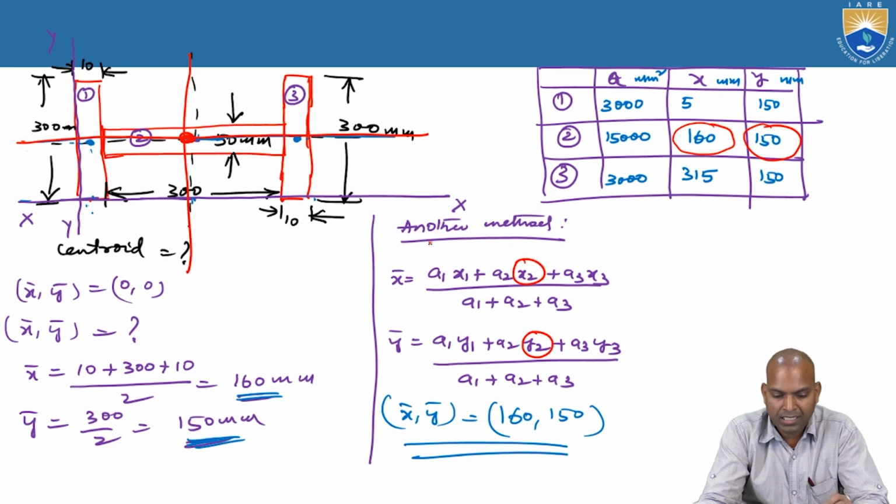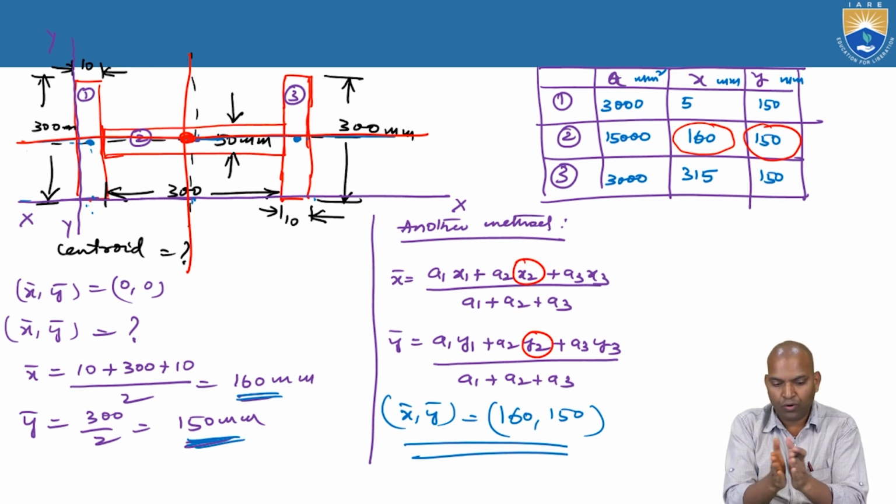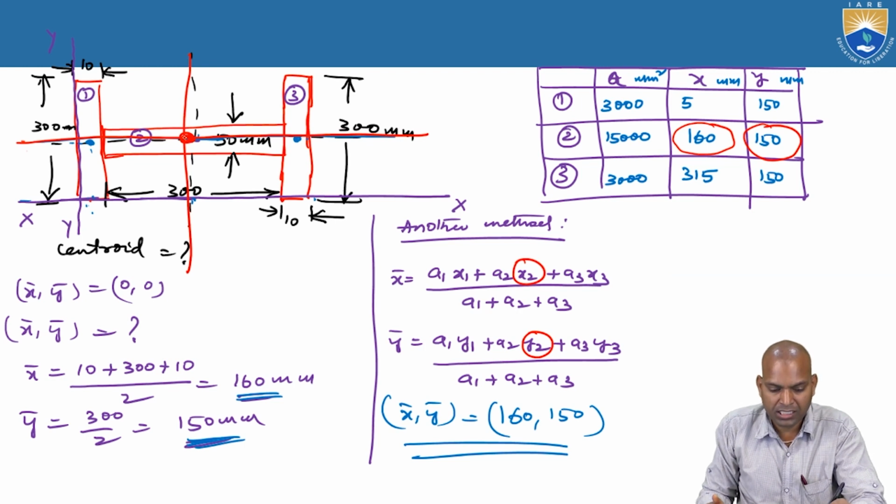Why is it coinciding with section 2? Because this H section is symmetrical, with two lines of symmetry, both the horizontal axis and the vertical axis. If you fold the H section about the vertical axis, and also about the horizontal axis, then the intersection point is the gravitational point.